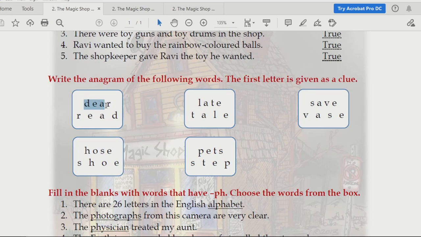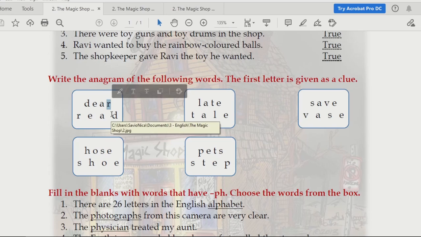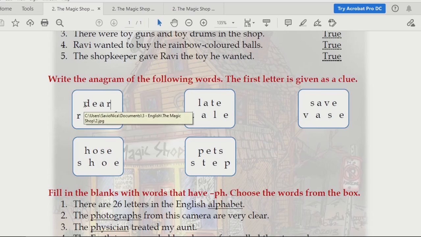using only these alphabets. I'll explain to you in a better way. We have just one D over here. So in the anagram for the word dear, you will use the letter D only once. We have E only once, A once and R once. That means you will use only 1, 2, 3, 4.